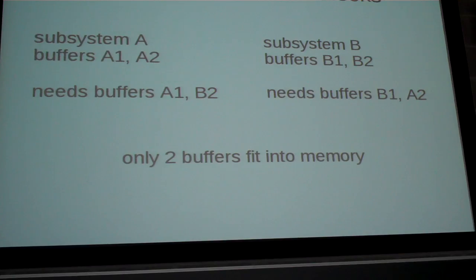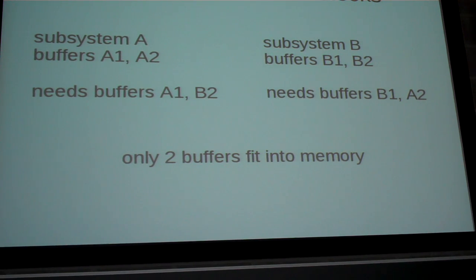Much more fun is buffer reservation deadlocks. So now we have two subsystems with a few buffers each, and they both use buffers from the other side. And now for some other reasons we have four buffers, but we can only fit two into main memory. It's a bit contrived, I know. But now assume we need one buffer from the other side. So first subsystem A puts A1 and subsystem B puts B1 into main memory.